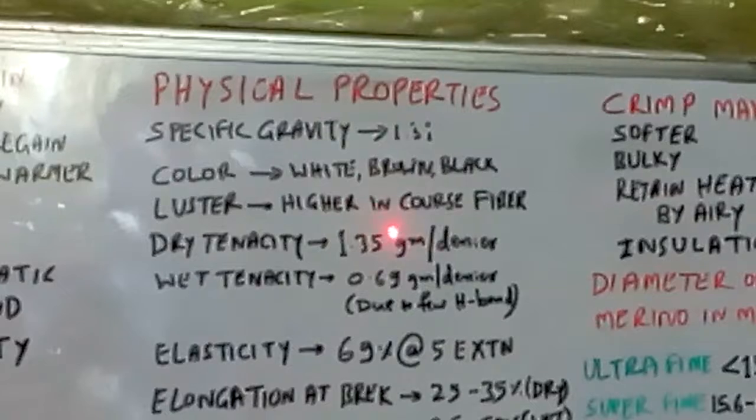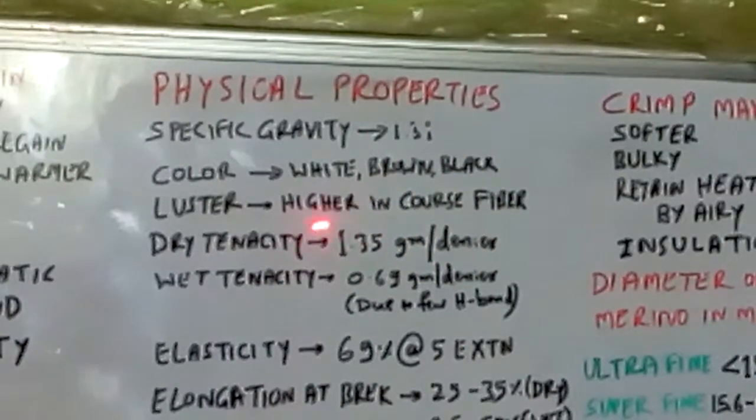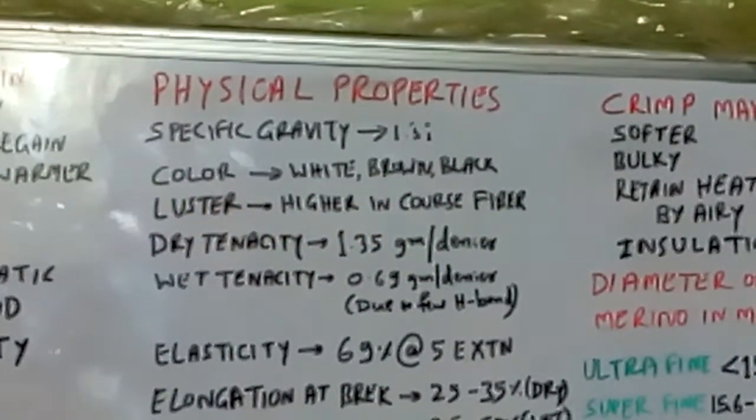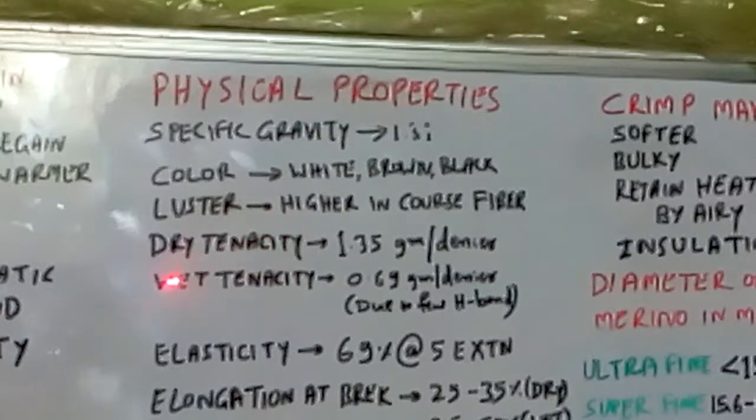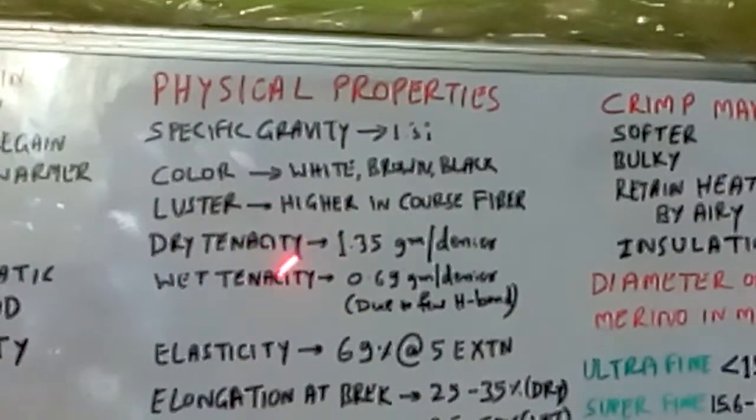Luster is always higher in coarse fiber, because of the bulkiness of the fiber, but in fine wool fiber the luster is very low. And tenacity, that is the strength of the fiber. For dry fiber it is 1.35 grams per denier, but it is very low when wet.